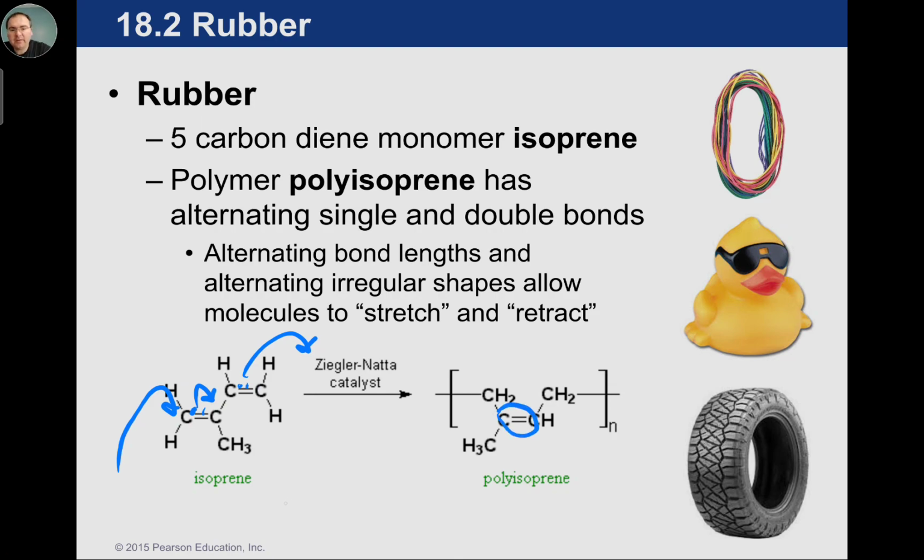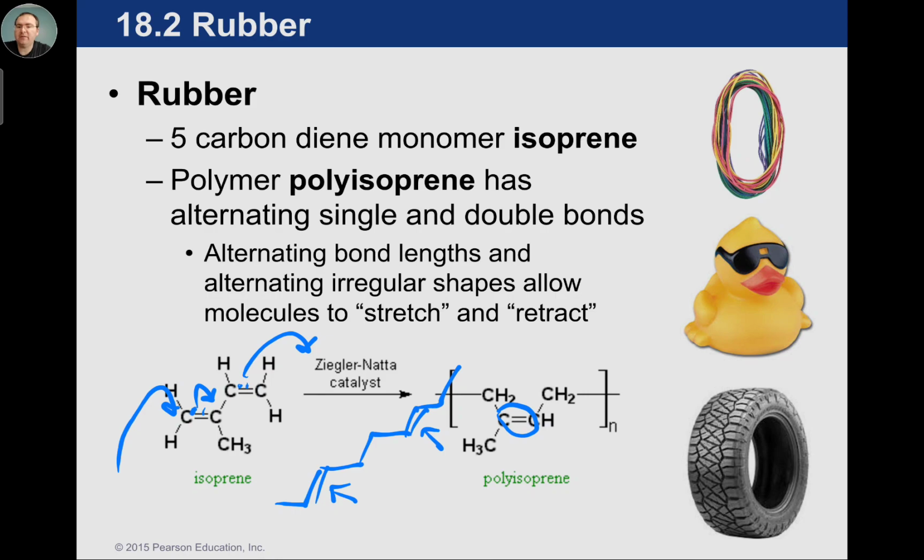And when you have this single, double, single, and then double, single, having this ability to have these double bonds in between gives you some stretch, gives you some elasticity. So this is where we get elastic for our rubber bands, for our waistbands and our clothing and so forth. Also what we get for rubber duckies or even rubber tires.